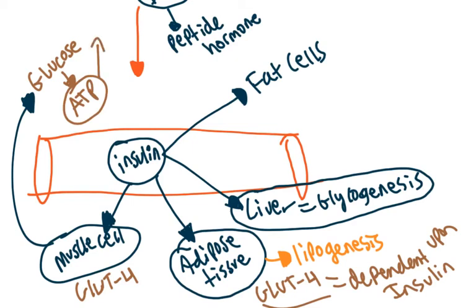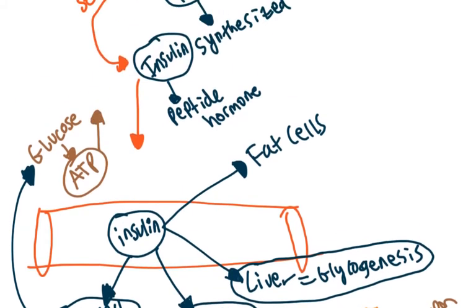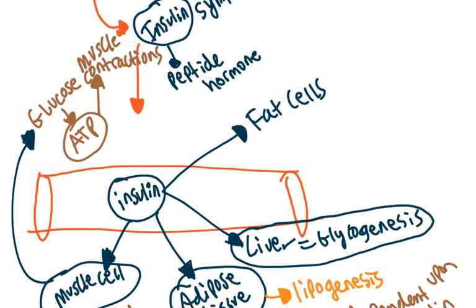ATP is used for muscle contractions, all right, so that's important in the muscle cell. So muscle contractions, and then it can also turn glucose into glycogen in the muscle cell also. All right, so glycogenesis in the muscle cell.